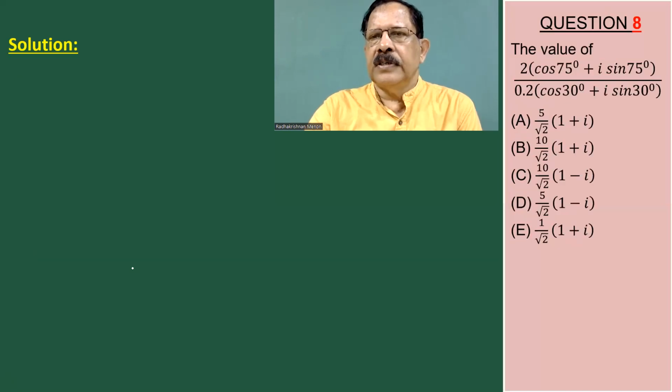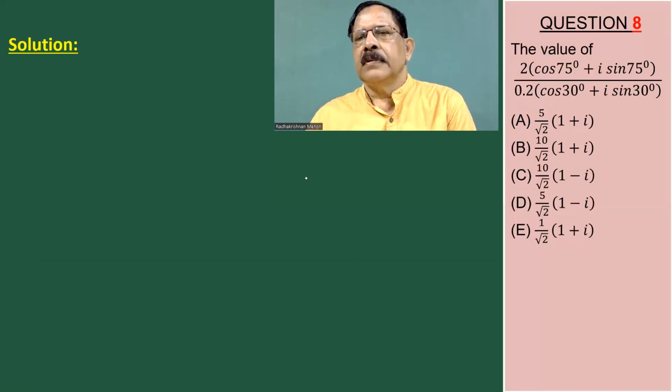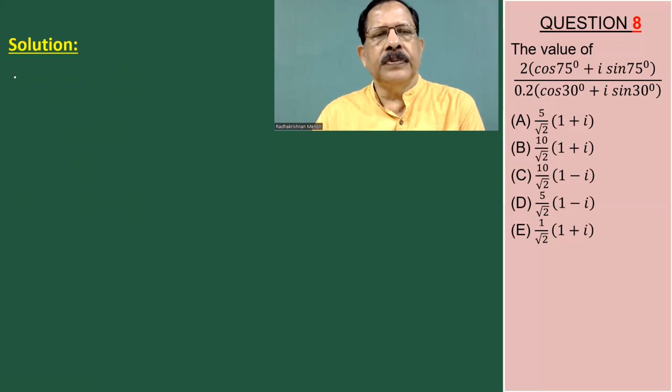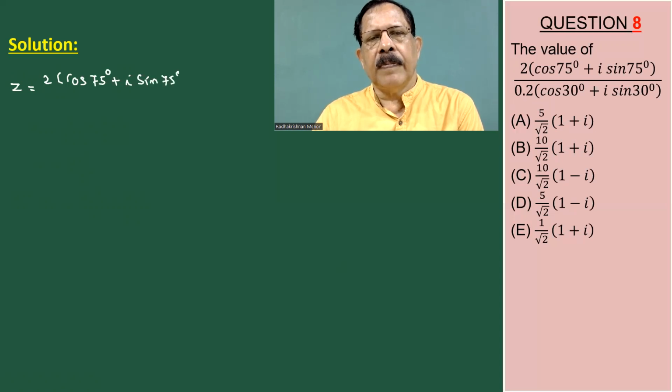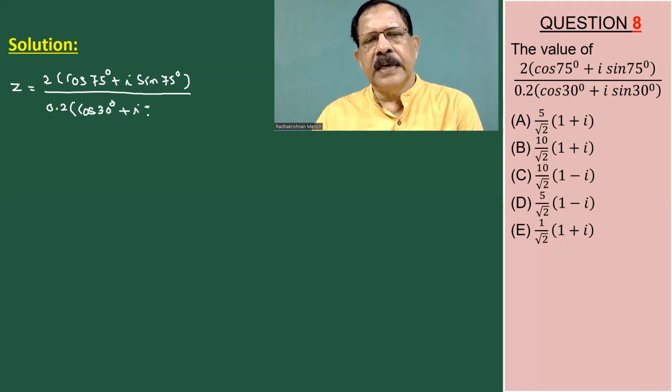Now, next question. 2 into (cos 75 degree plus i sin 75 degree), denominator 0.2 into (cos 30 degree plus i sin 30 degree).